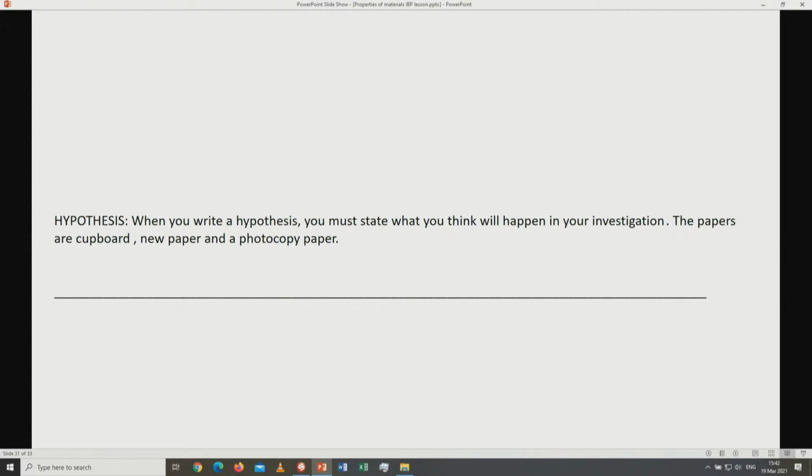Let's say you have 3 kinds of papers. That is a cardboard, and you have as well dates.